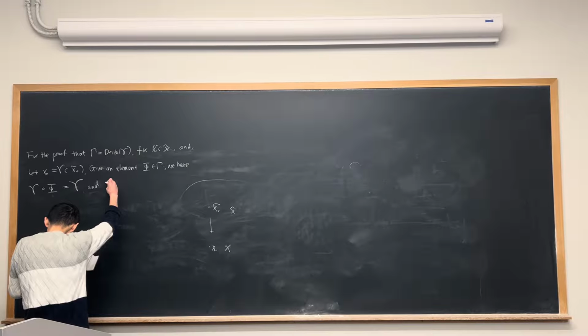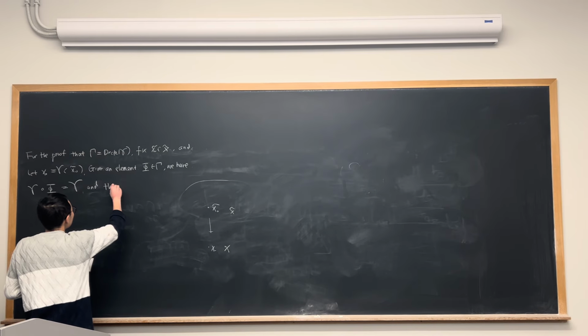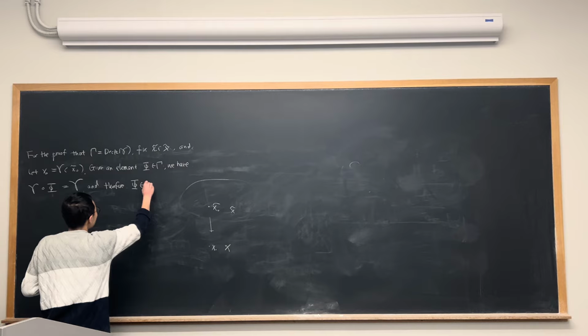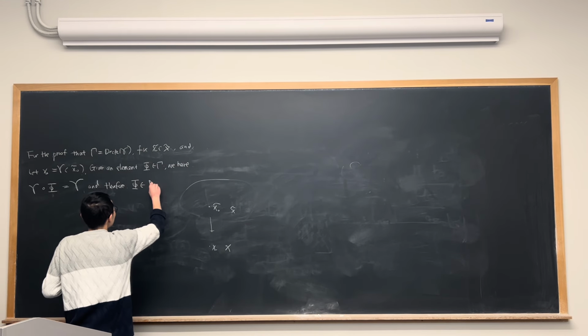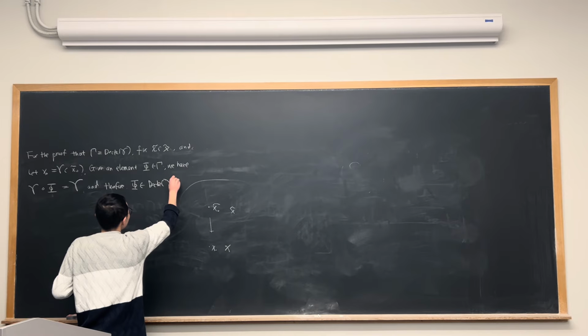Therefore, we have that this phi is in the deck transformation group of this vertical gamma.